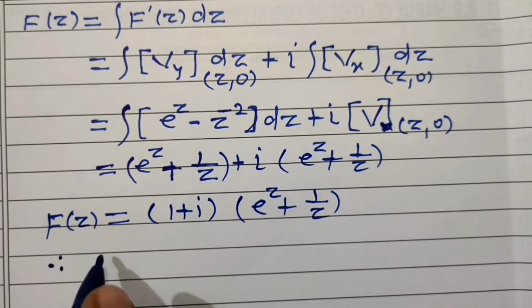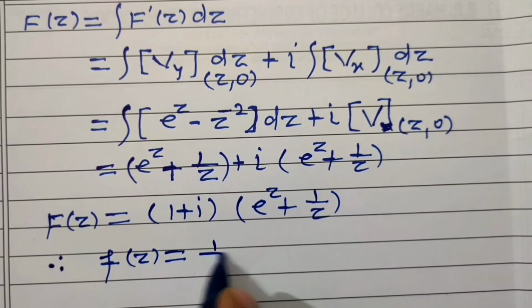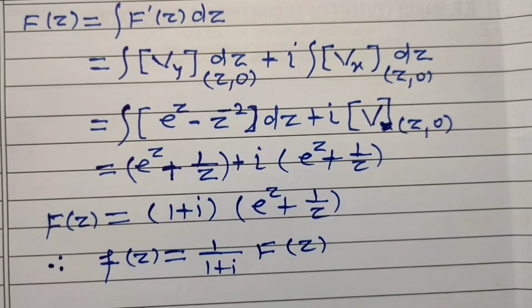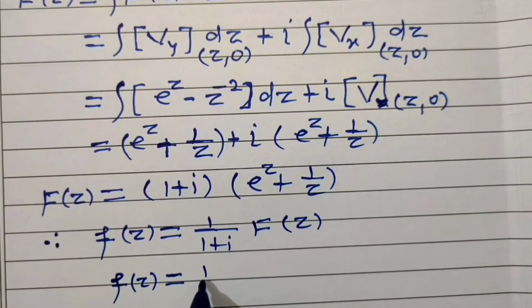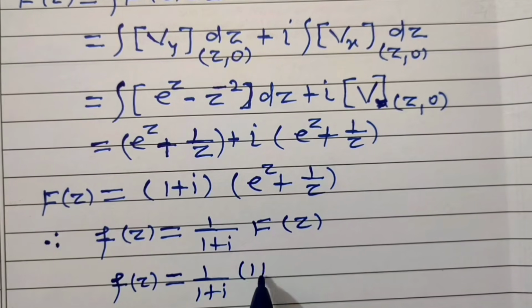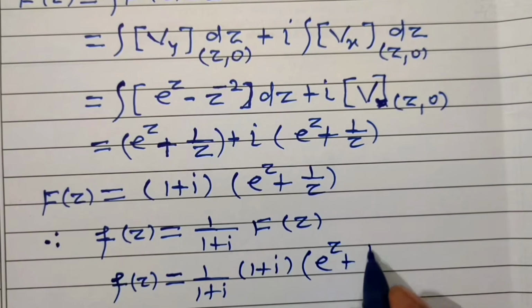Since we know this relation, small f of z is equal to 1 upon 1 plus I, capital F of z. So divide both sides by 1 plus I, that gives f of z equal to 1 upon 1 plus I times capital F of z, which is 1 plus I into e to the power z plus 1 upon z.